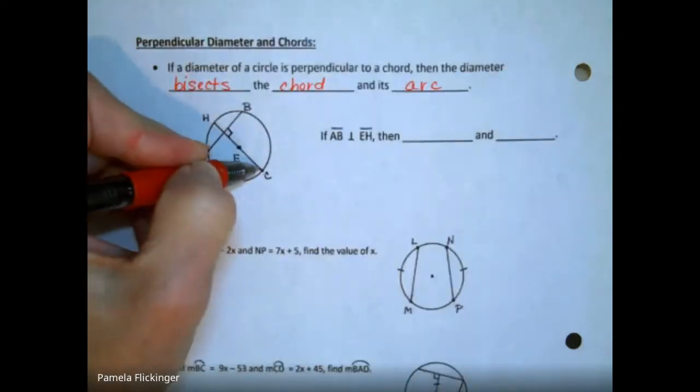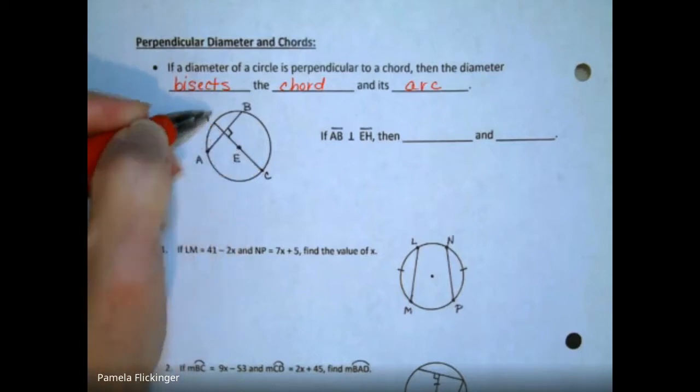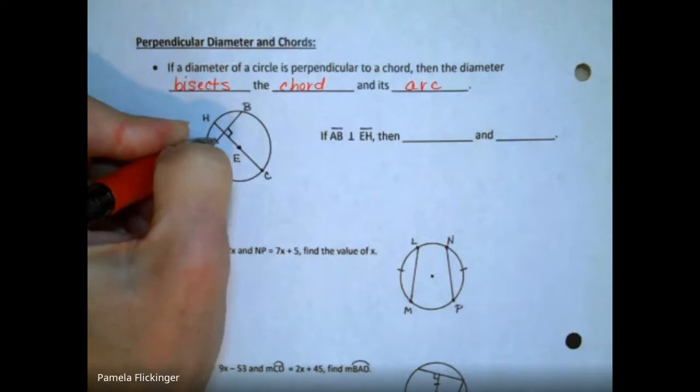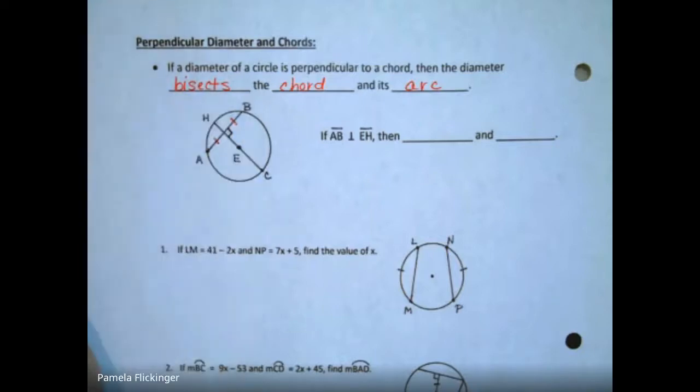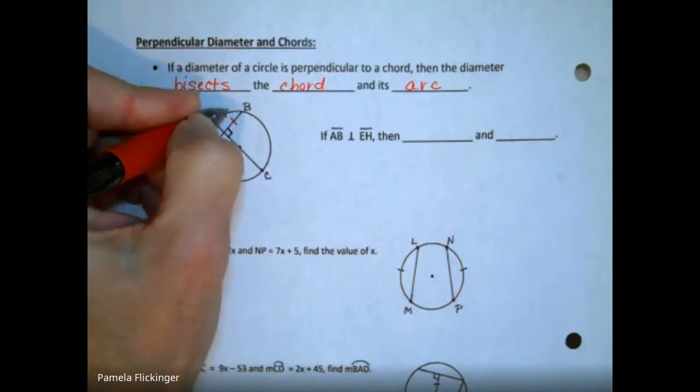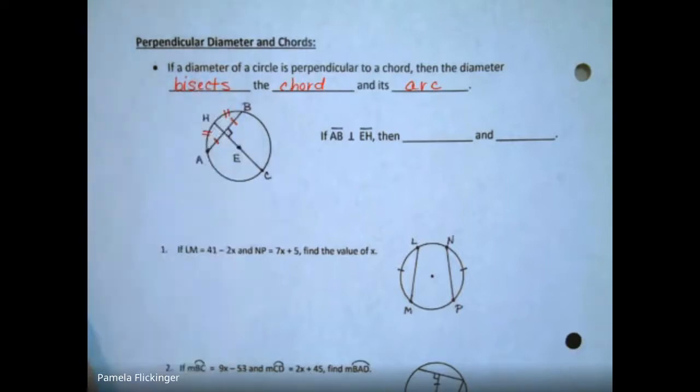So in this picture, I see the diameter going through the center. I see that it's perpendicular. So what it does is it bisects the chord. So those two halves will be the same, but it also bisects the arc. So those two little arc pieces will be the same too.